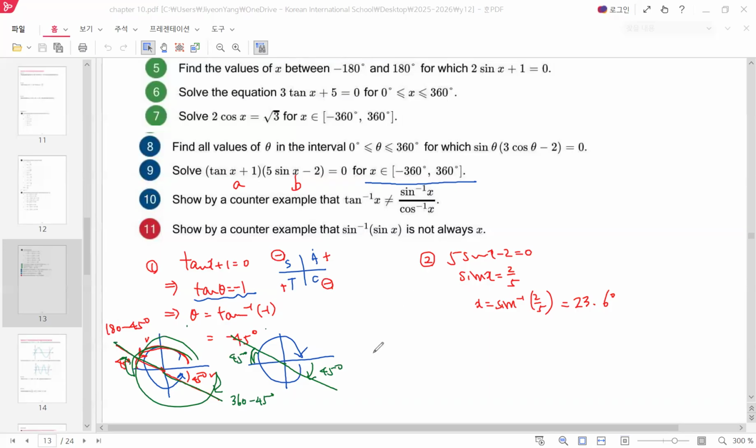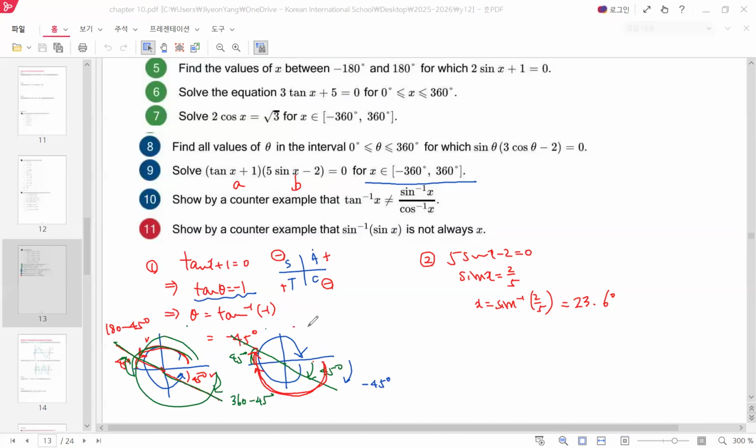Now let's read the angle which represents this line in the negative direction. So this one is negative 45 degrees, right? And this one, negative 180 and then 45 more because it goes to the negative direction, 180 and then 45 more. Do you understand?